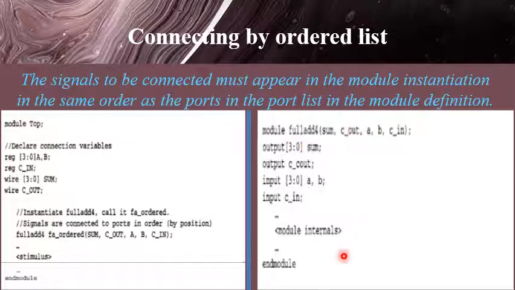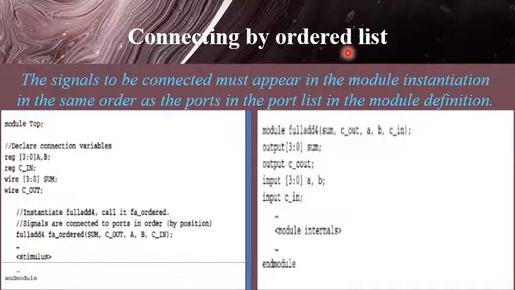This is the module where you have described your circuit. This is the module definition line, wherein you specify the keyword module followed by the module name full add 4 and the port list. So sum, Cout, A, B, Cin. Now this can be in any order. It need not be first output and then input or first input and then output, nothing of that sort.